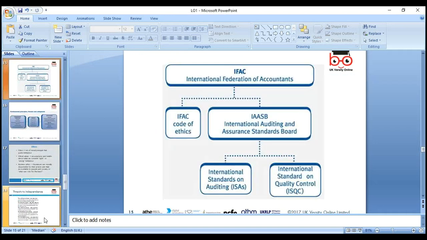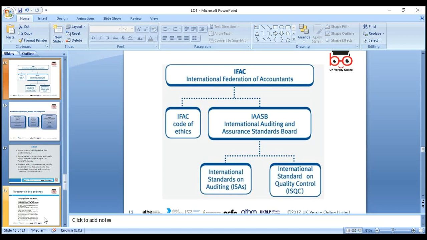Okay, next we're looking at some infrastructure, how the audits work. The International Federation of Accountants (IFAC) is at the top. They set the code of ethics, the professional code of ethics, which different accounting bodies need to follow. The IAASB, the International Auditing and Assurance Standards Board, comes under IFAC.